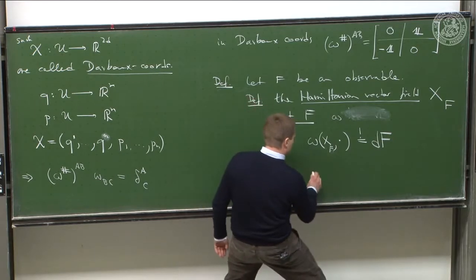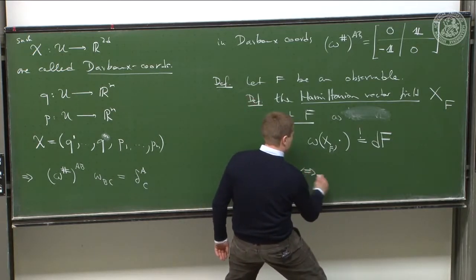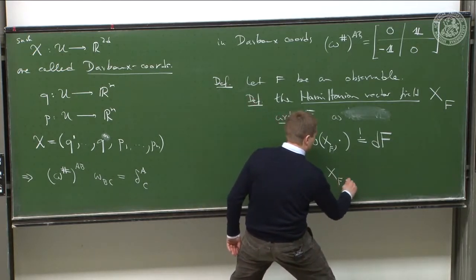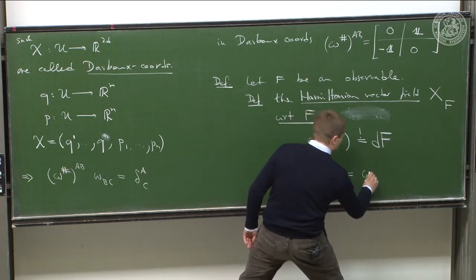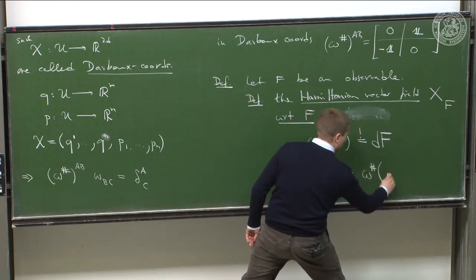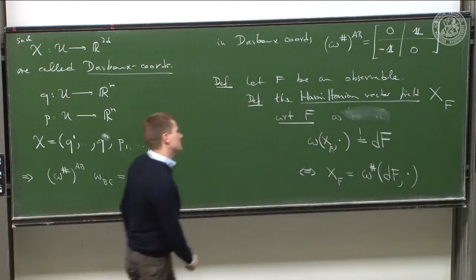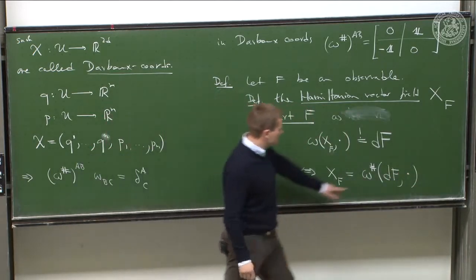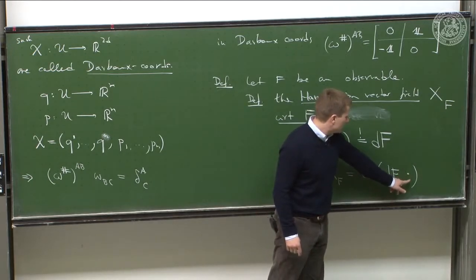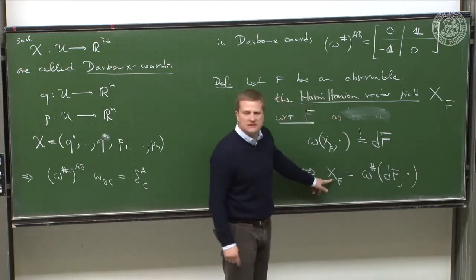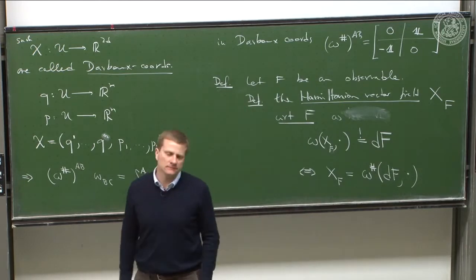Well, we can of course write it equivalently. This is X_f equals omega sharp, which can eat 1-forms, applied to df. And so this is in the dual of the dual, this is in the vector space again. Okay?